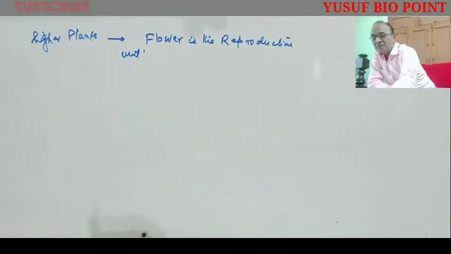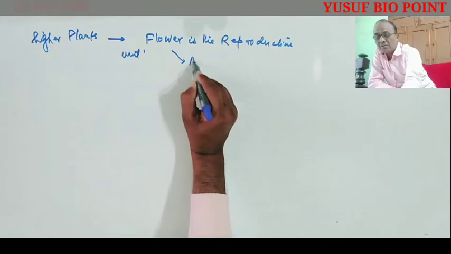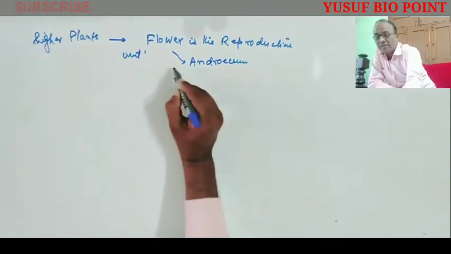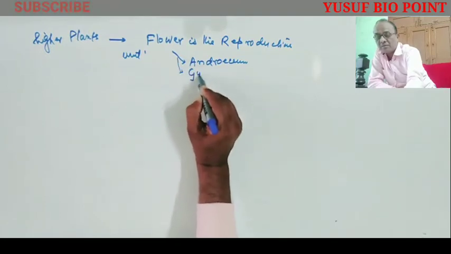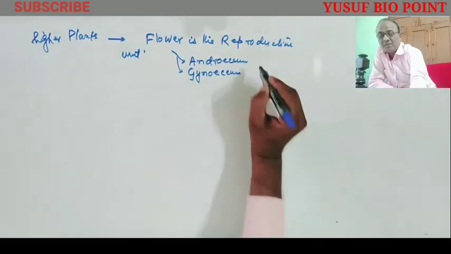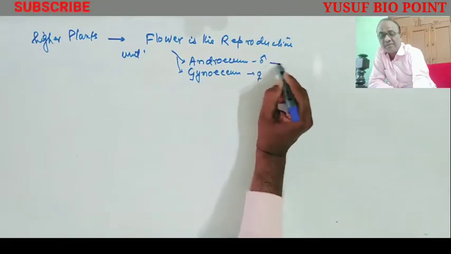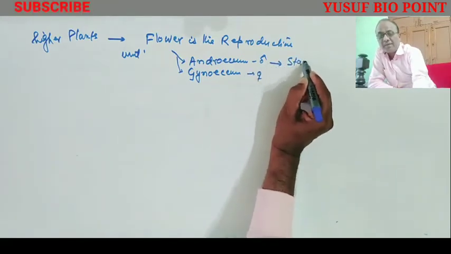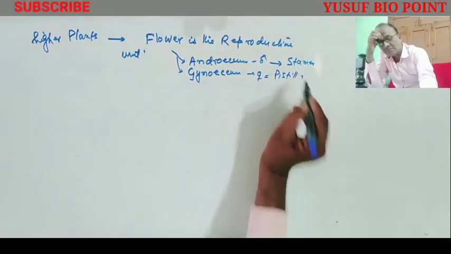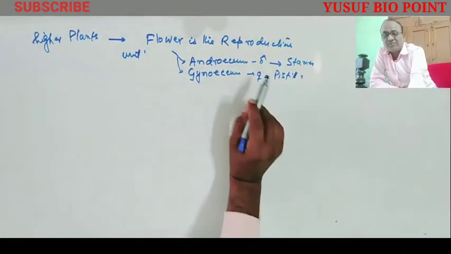And we know that a flower contains androecium and gynoecium. The androecium is the male unit and the gynoecium is the female unit. It contains stamens and it contains a pistil. The stamen is the male unit and the pistil is the female unit.